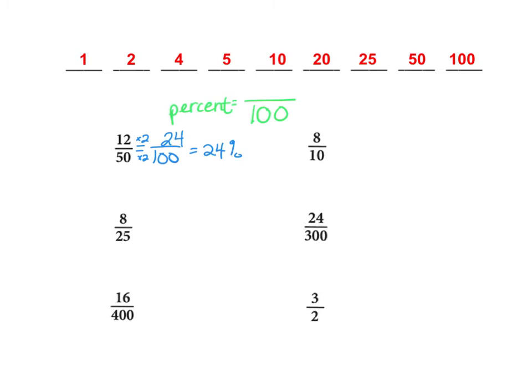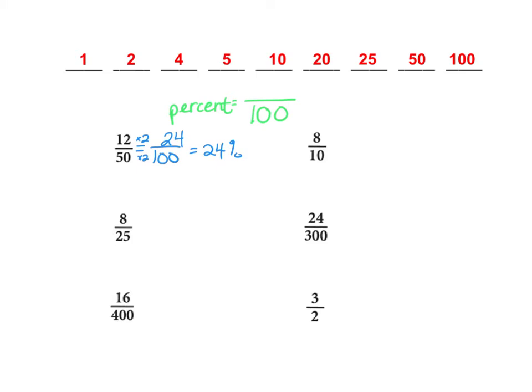So I want you to hear that one more time. As long as we have a denominator that is any of these numbers, a 1, a 2, a 4, a 5, and so on, we can turn that denominator into 100 because it's a factor of 100. And therefore, we can turn our fraction that we're working with into a percent. So let's go a little faster.